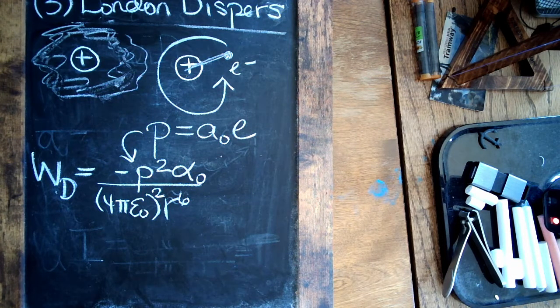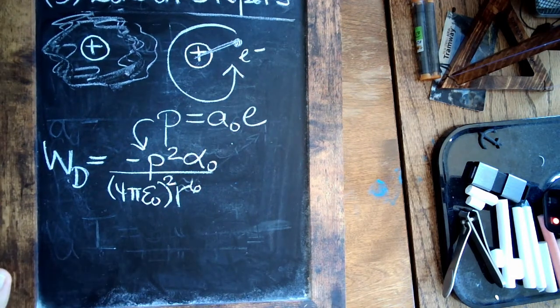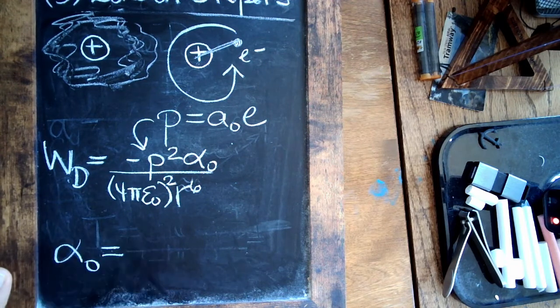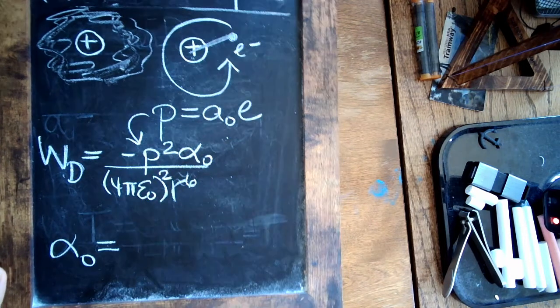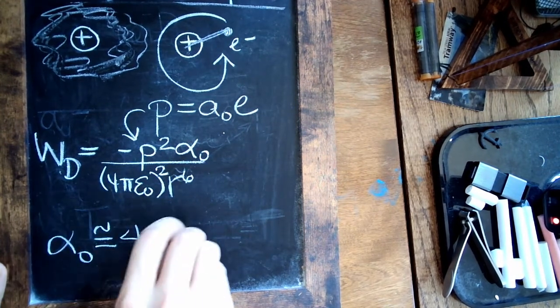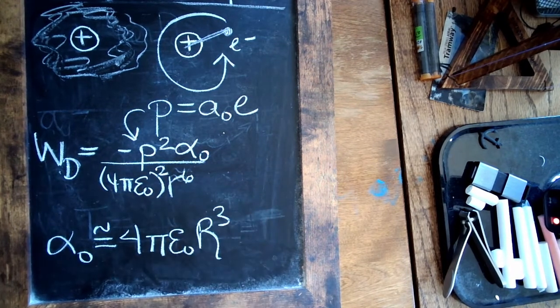But we have a few other results we can combine. The first of which is an old equation that maybe we didn't spend enough time on, that we can estimate alpha 0, the polarizability, to be approximately these constants times the cube of the radius.